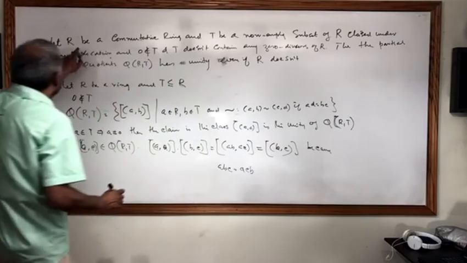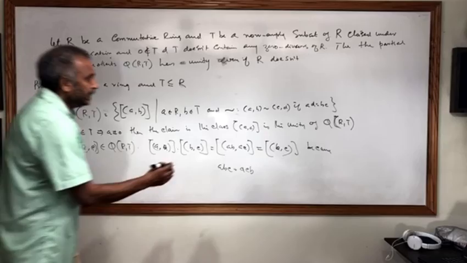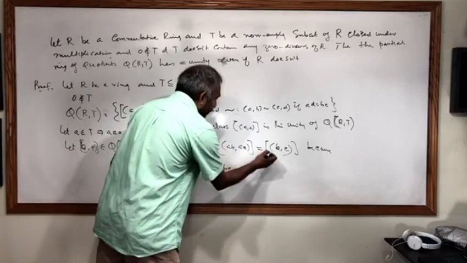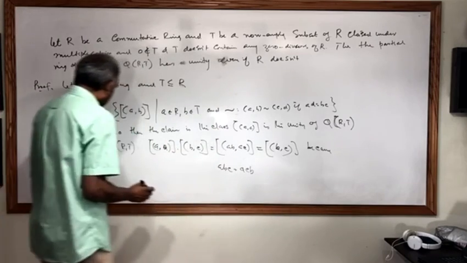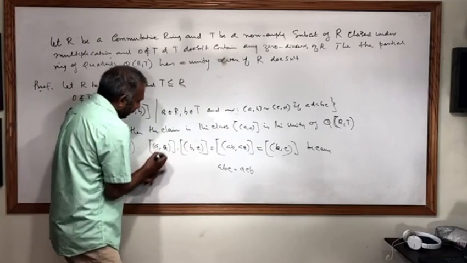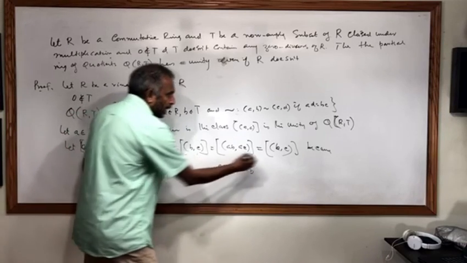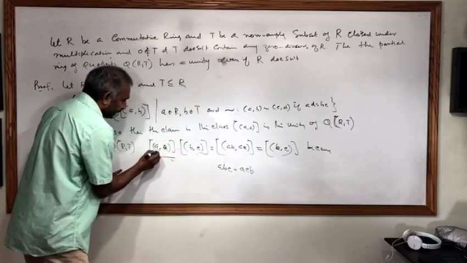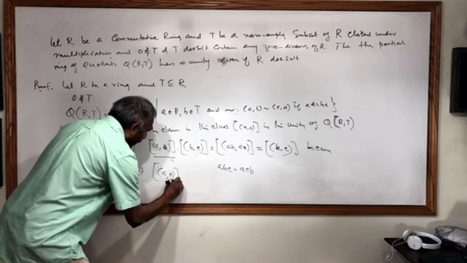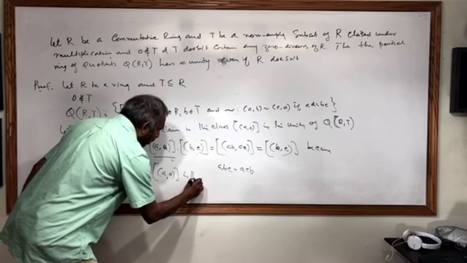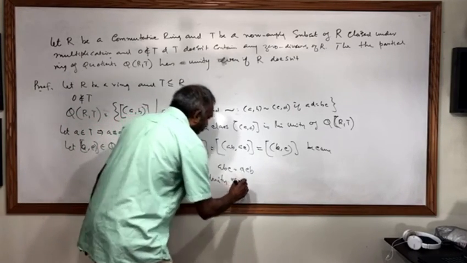This is a commutative ring. So these two equivalence classes are the same, and that means you are multiplying this element with (b, c) and it equals (b, c), which implies (a, a) is the unity of Q of R, T.